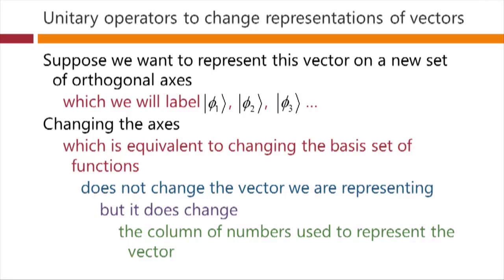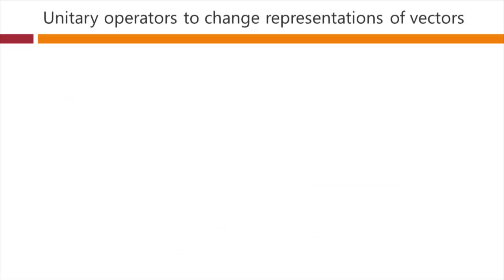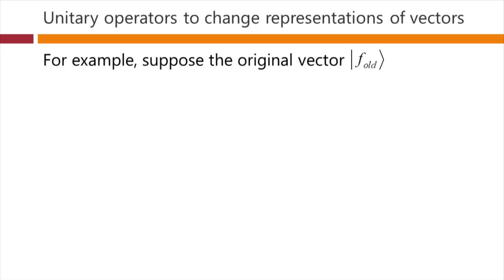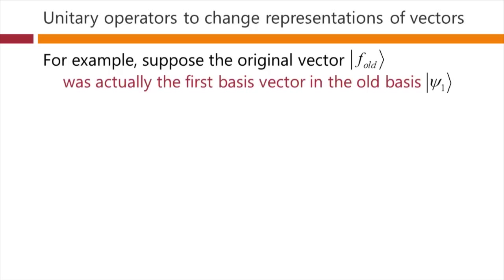So it's the same vector, f old, we started by calling it, but we're representing it on this basis, the phi basis, instead of the psi basis. For example, suppose the original vector, f old, just happened to be actually the first basis vector in the old basis, psi1. We could always have chosen that. It might seem odd to do that, but we've got good reasons for it.